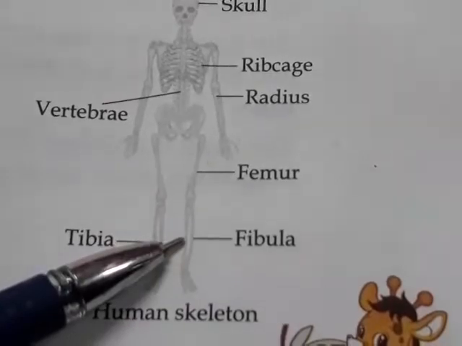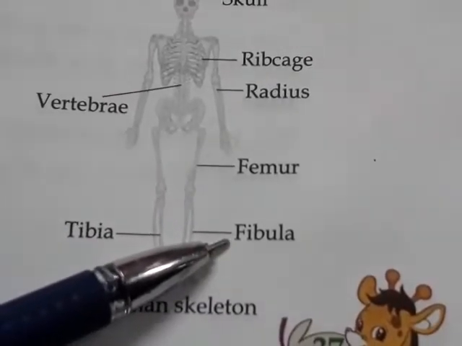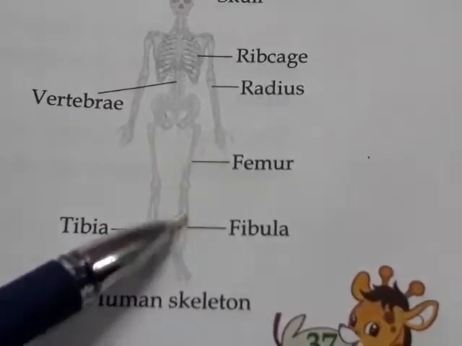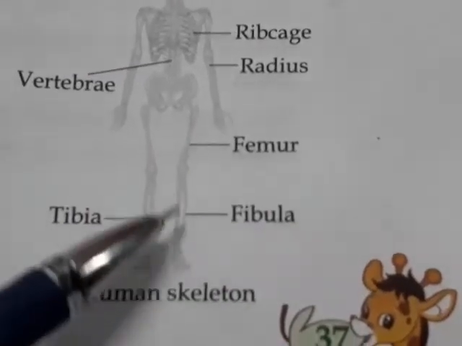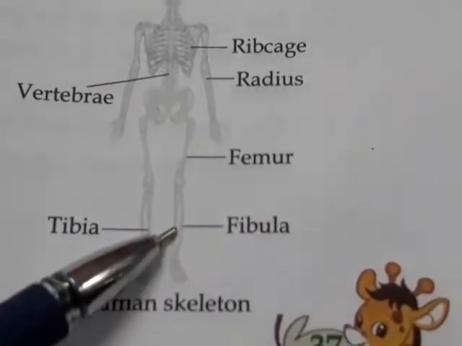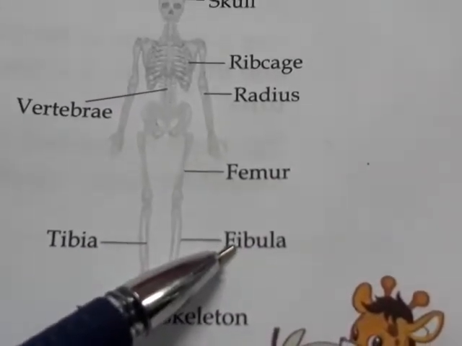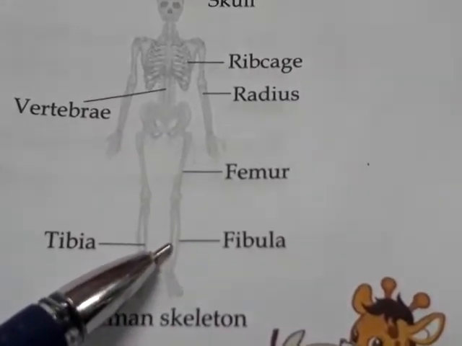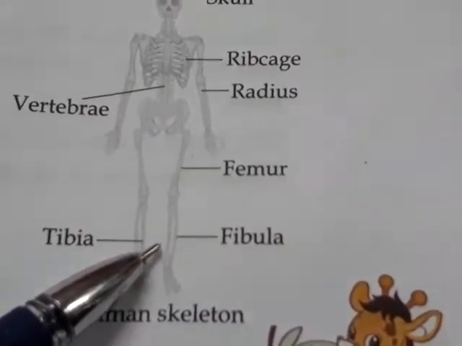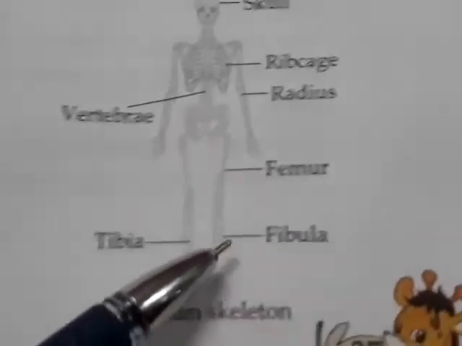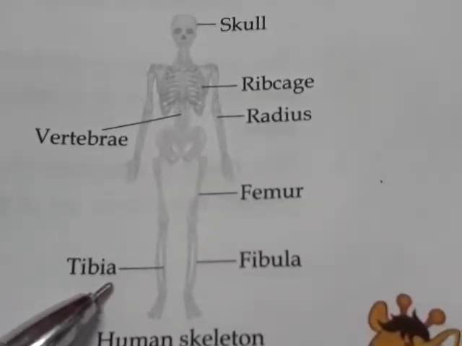Okay, two bones. That is fibula and tibia. See here, there are two bones here. If you see, one side is the fibula and the other bone is the tibia. Okay, sorry, tibia. Fibula and tibia. Understood? Okay.